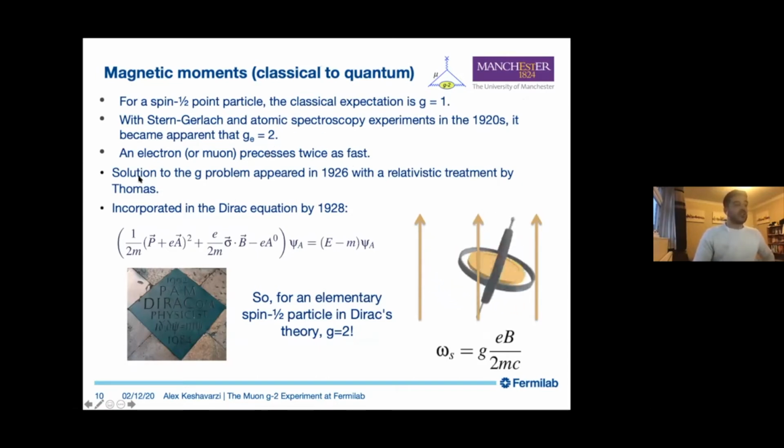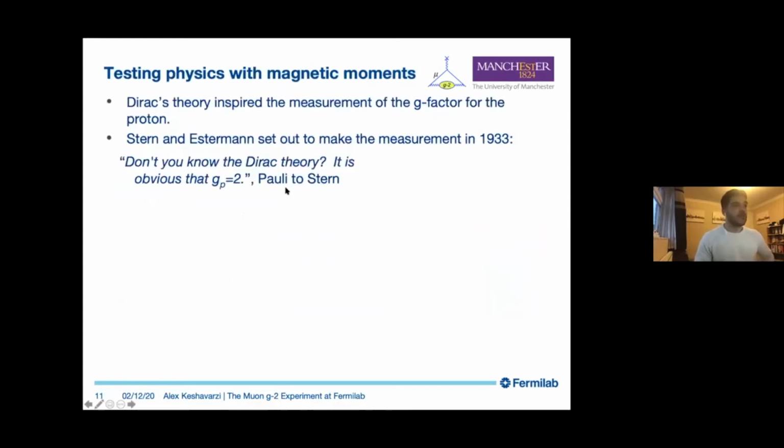And this was shown to be true in 1926 by Thomas when he incorporated his relativistic treatment into quantum mechanics, and was then incorporated into the Dirac equation in 1928, where you can see here you have this magnetic potential term included. And actually from that, you can show that the Dirac equation predicts that the gyromagnetic ratio should be equal to 2 for spin-half particles.